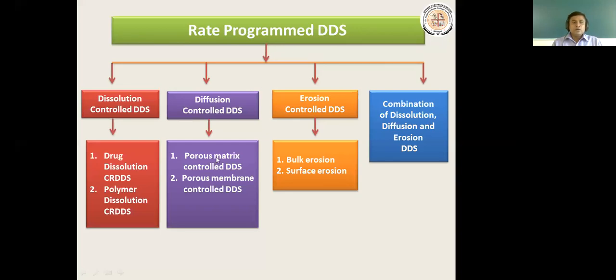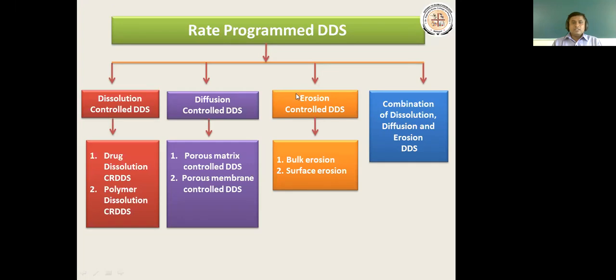That is called a porous matrix. And similarly, the porous membrane diffusion drug delivery system. Here, the membrane formed on the surface of a core material becomes porous, and through that porous membrane, the drug may be released in a slow manner. So these are the 2 types of diffusion controlled drug delivery systems.